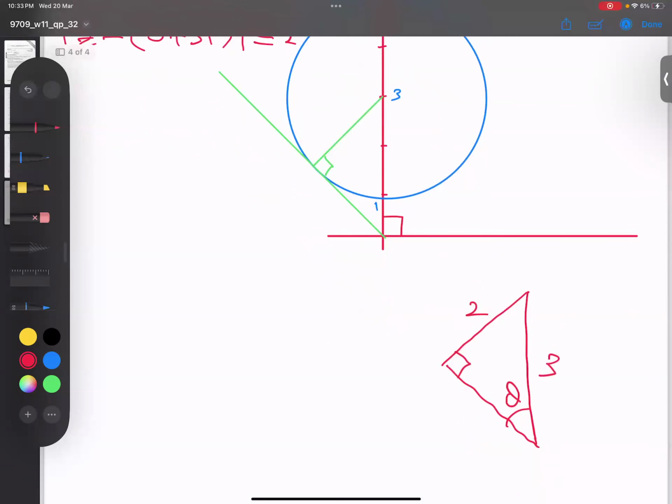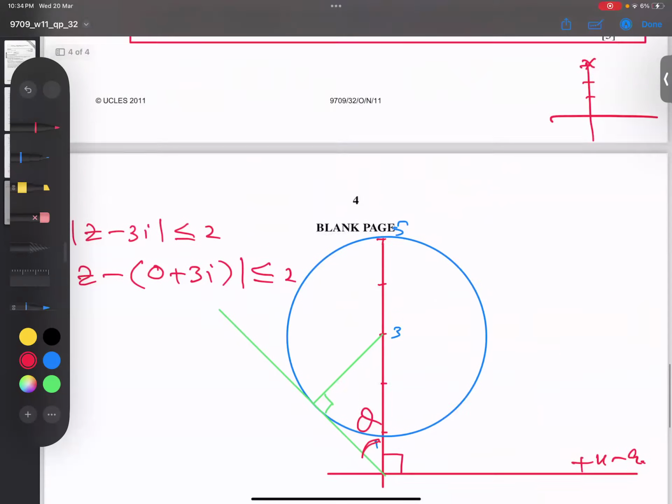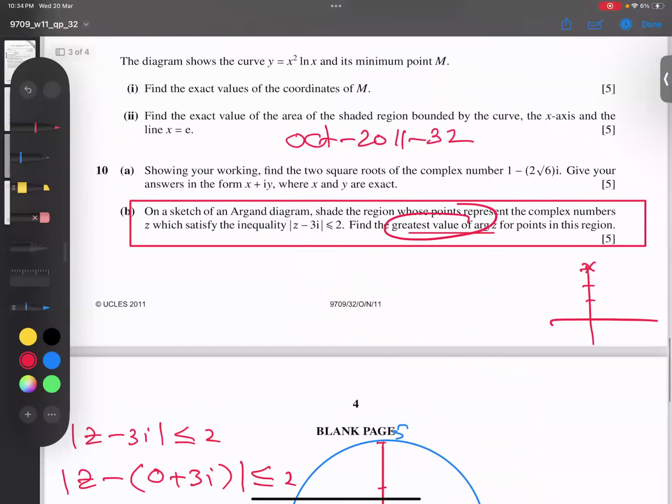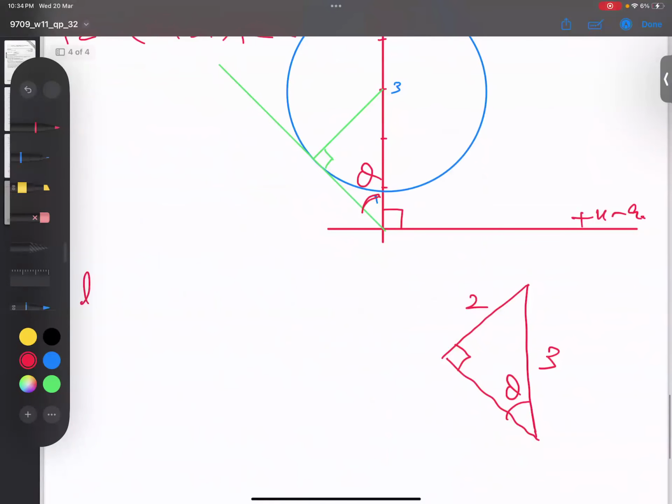This is the 3 gap, and from here to here is pi by 2, and this angle is theta. The definition is to start from the positive axis to the line. So this is pi by 2 and this is theta. If I'm looking for the largest argument, the largest argument is pi by 2 plus theta.